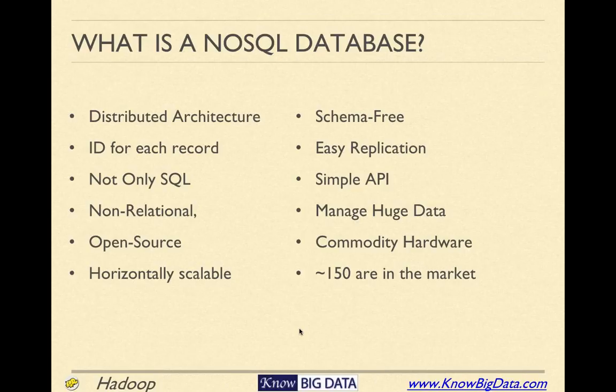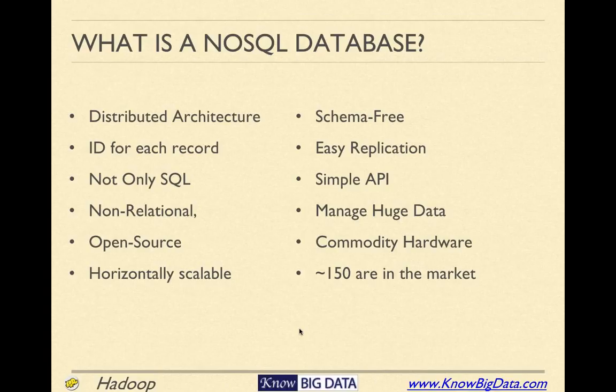Now before we go further, every NoSQL has got a notation for a table. Their definition of table is very different. It doesn't have columns, or not necessarily has to have columns.